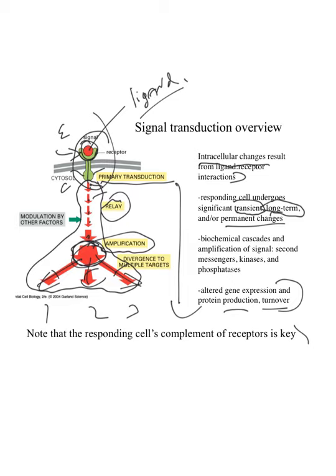The tuning of the radio is analogous to the receptors that you're expressing, and they allow you to pick up the frequency of the signal, and that frequency is analogous to the ligand. So the only way to pick up a different type of ligand, if you're a cell, is to express that receptor. The complement of receptors is absolutely key.